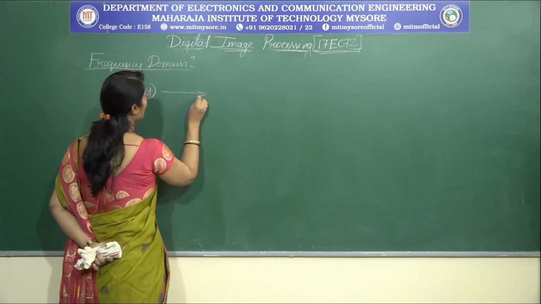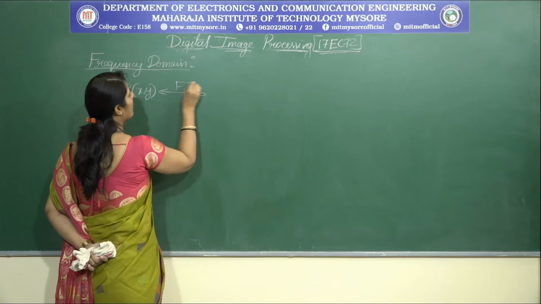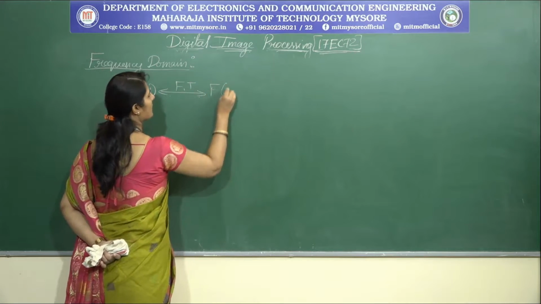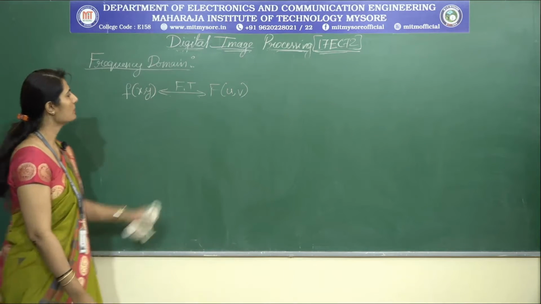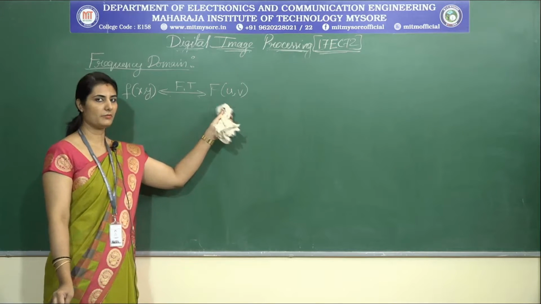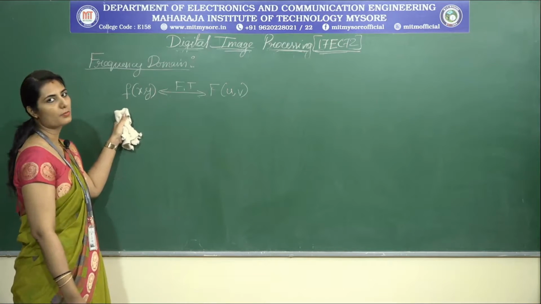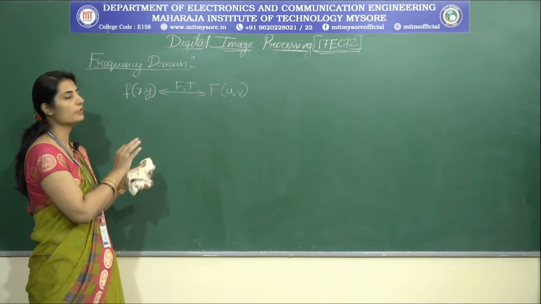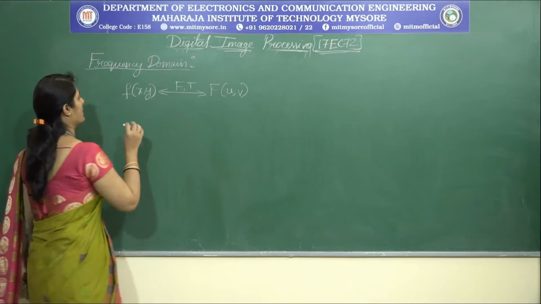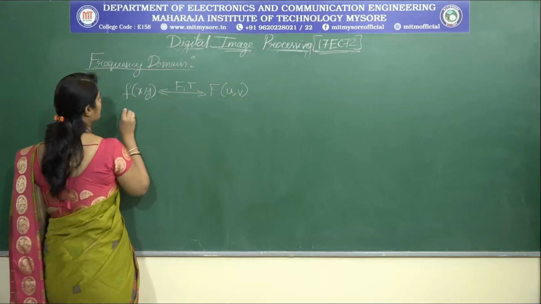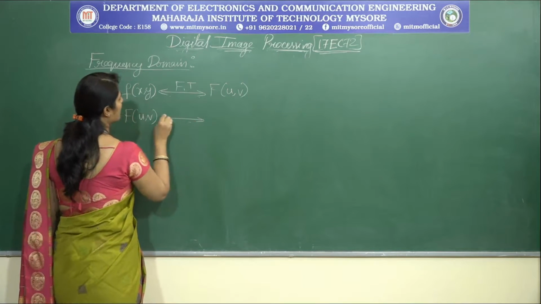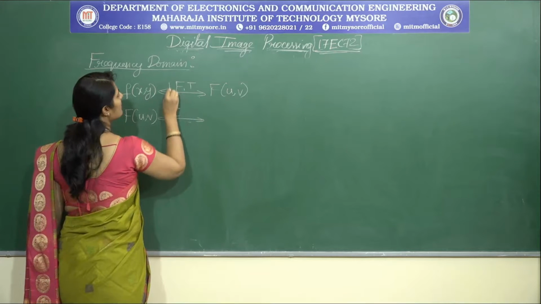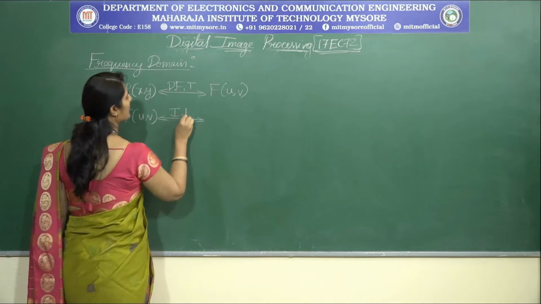Let the digital image be f of x comma y. The Fourier transform of this image results in F of u comma v. We perform operations on F of u comma v, and then the results are brought back to f of x comma y by performing the inverse Fourier transform.